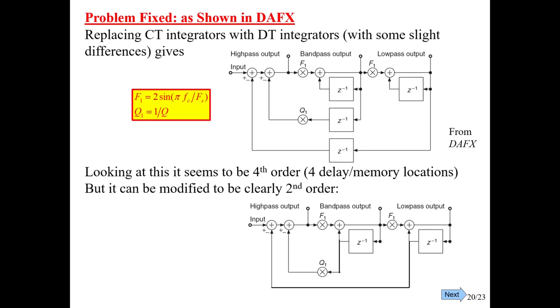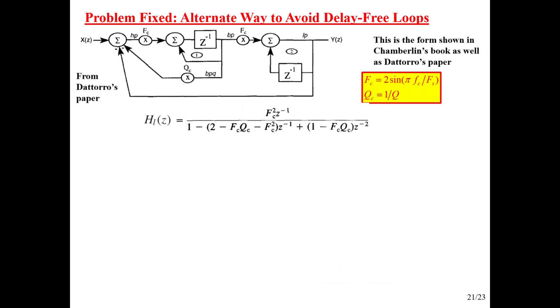So that's one form. Here's another way to fix it, and this diagram here is from DeToro's paper. That's how he did it, and remember, he derived this directly, so he may have just come up with this directly. I can't remember. But it's also what was shown in Chamberlain's book.